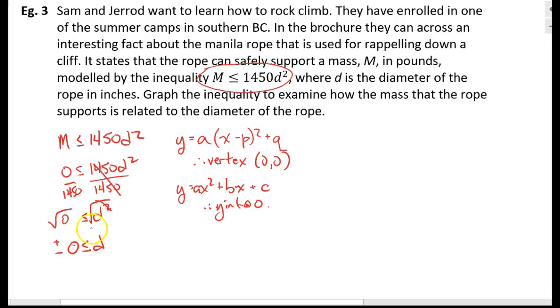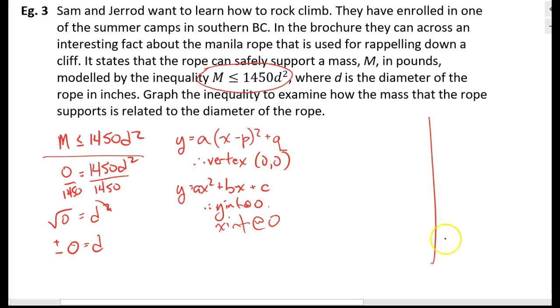But actually we can just use the equal sign here, when we're just solving for our intercepts. So based on all this, my x-intercept is at 0. So it kind of all agrees with each other.